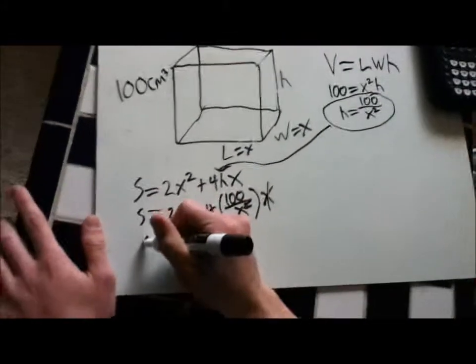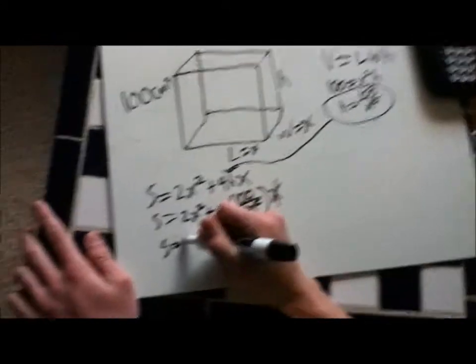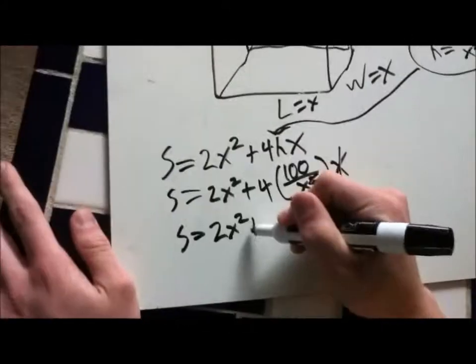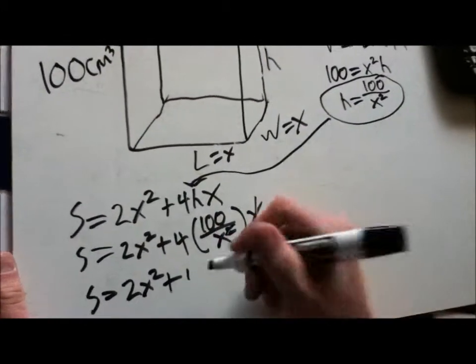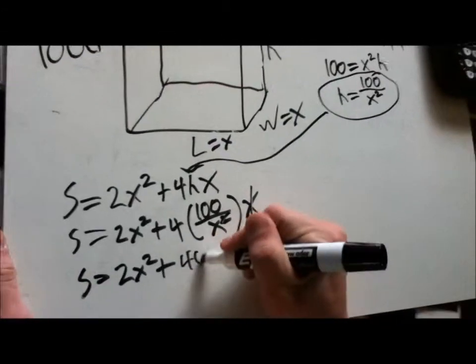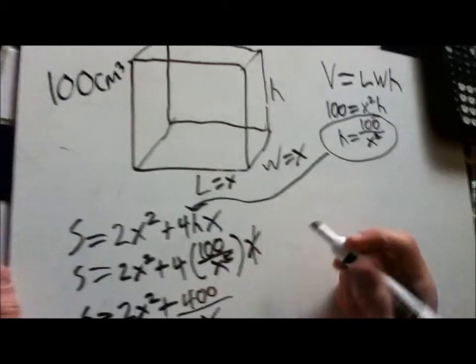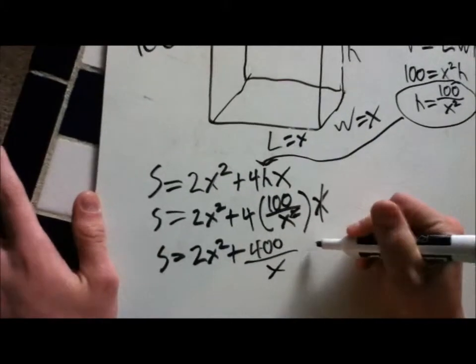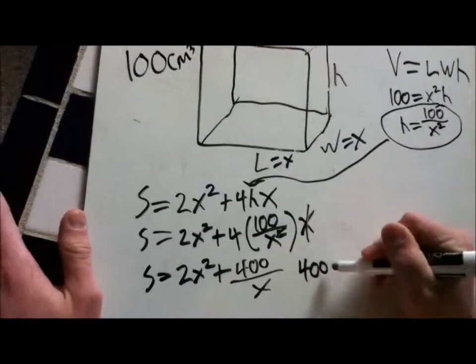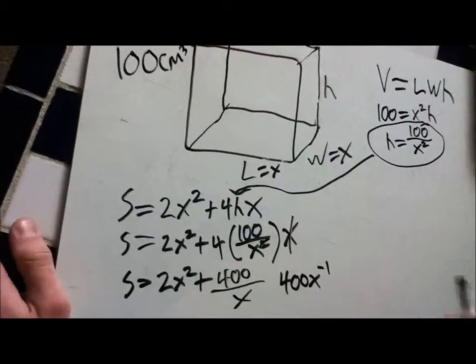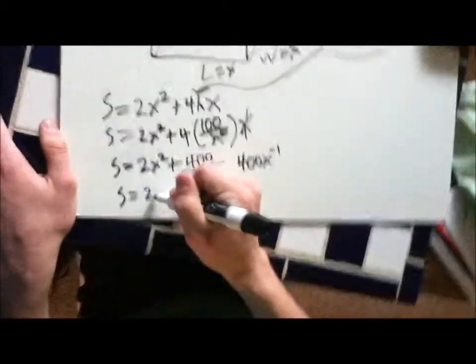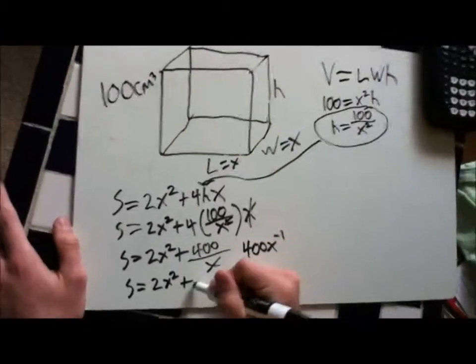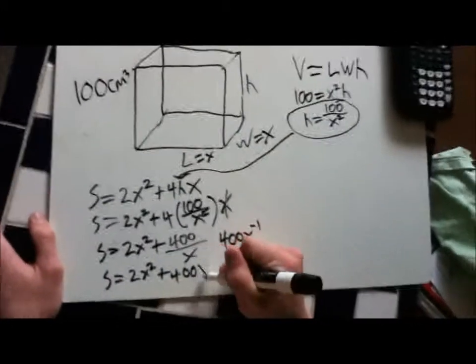So you get s equals 2x squared plus 400 over x, and 400 over x equals 400 x to the negative 1. So to write it out completely, s equals 2x squared plus 400 x to the negative 1.